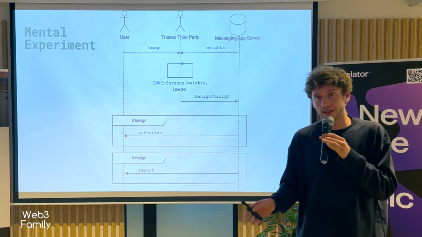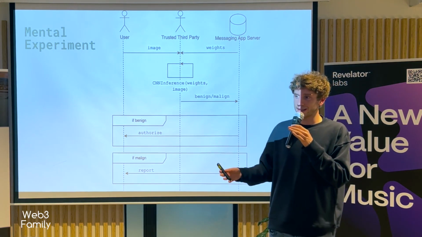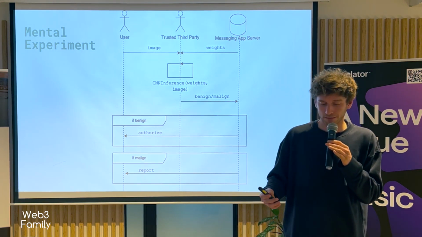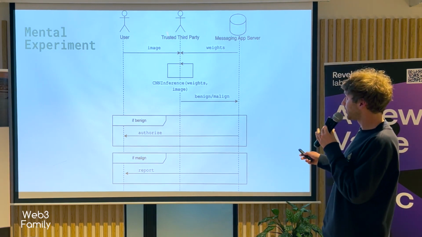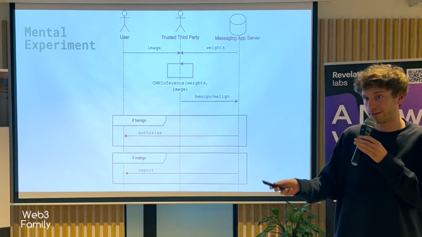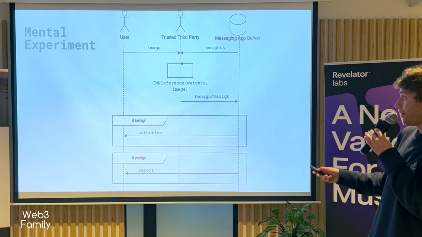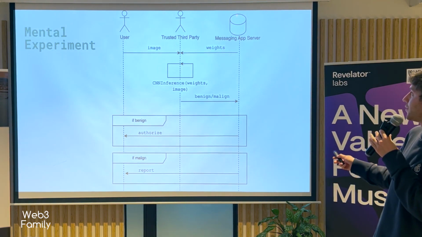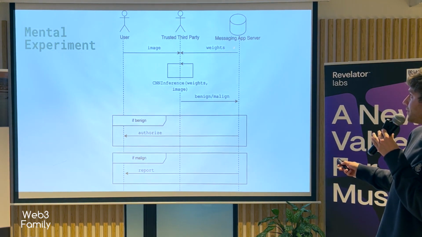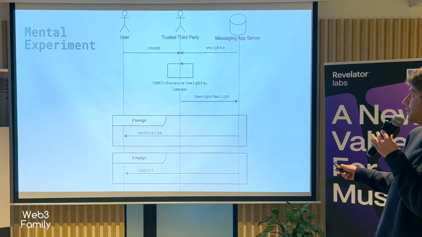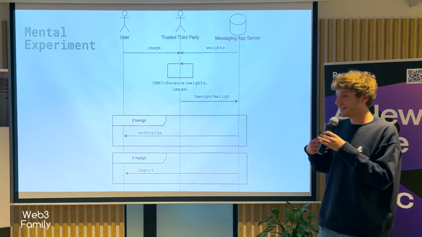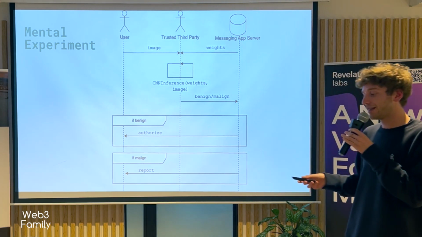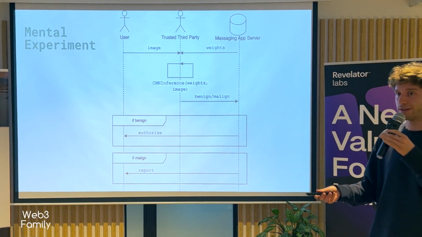This party is very trusted, is uncorruptible, and everything you tell them to do, they actually do. This trusted third party receives the inputs from the user, so the image from the user, and the messaging app server shares with this trusted third party the weights. The trusted third party is trusted in the sense that they maintain privacy over the data.